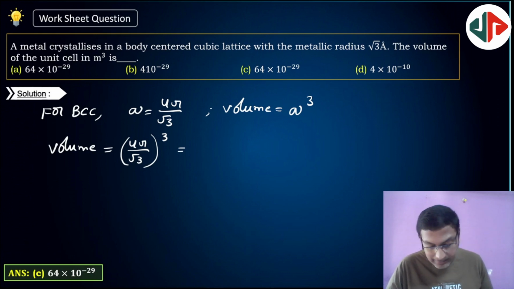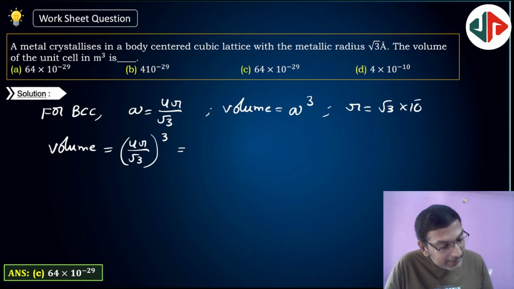Here radius is given as root 3 into 10 power minus 8 centimeters, or root 3 into 10 power minus 10 meters.